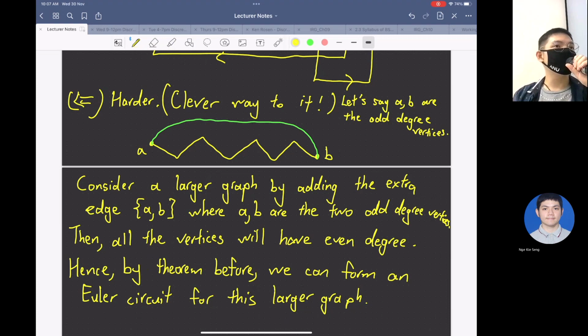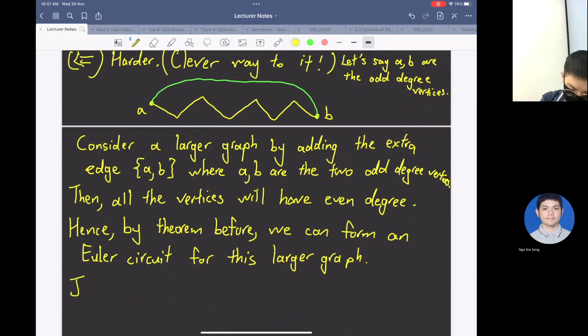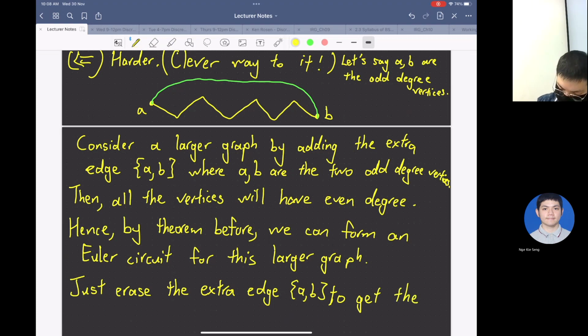Why is it an Euler path? Because the Euler circuit already passed through all the edges exactly once. Make sense? So just erase the edge AB to get the Euler path.